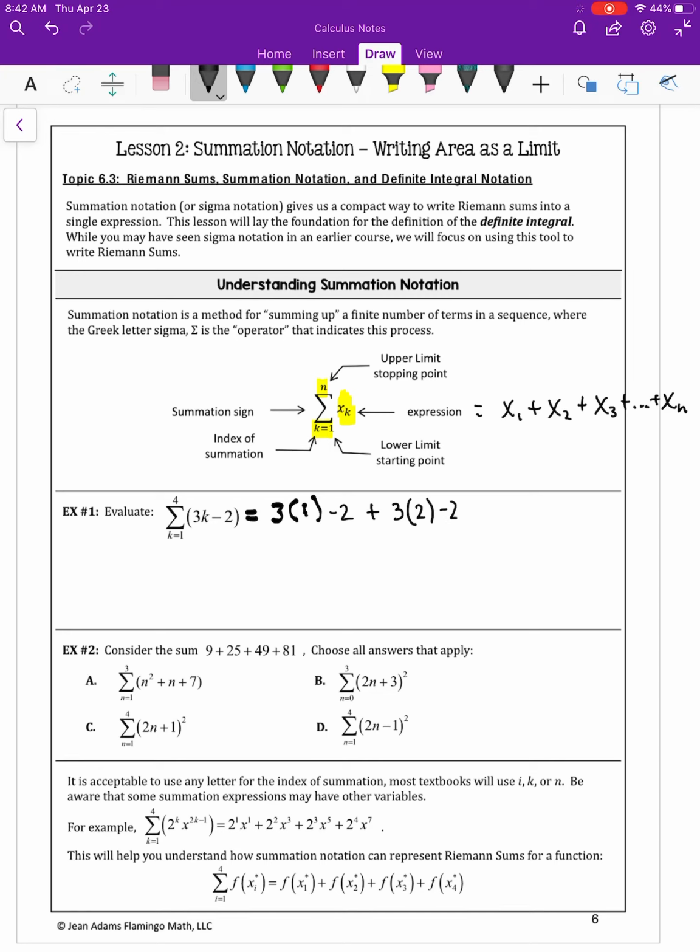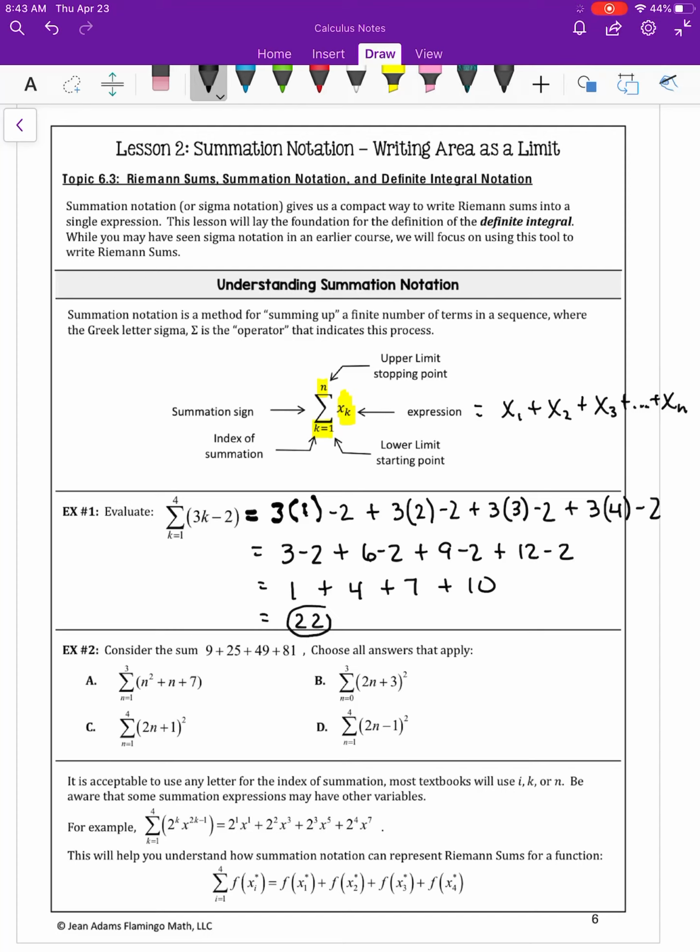So for example number 1, we're going to go from k equals 1 to 4, and we're going to use 3k minus 2. So 3 times our first k, k equals 1, minus 2, plus 3 times k equals 2 minus 2, plus 3 times k equals 3 minus 2, plus 3 times k equals 4 minus 2.